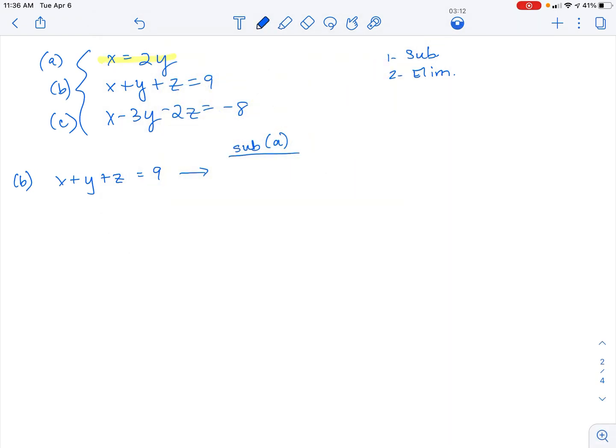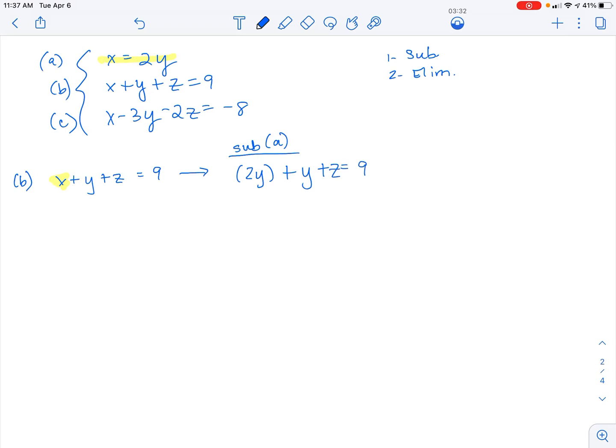So where I see x, I'm going to substitute in 2y. So I'm going to put 2y plus y plus z equals 9.